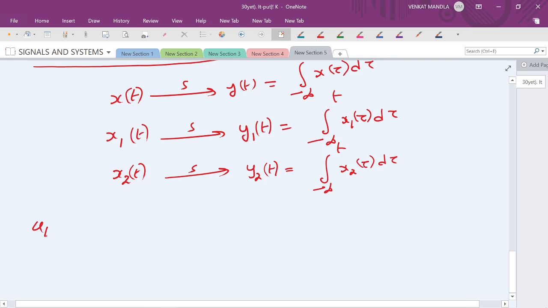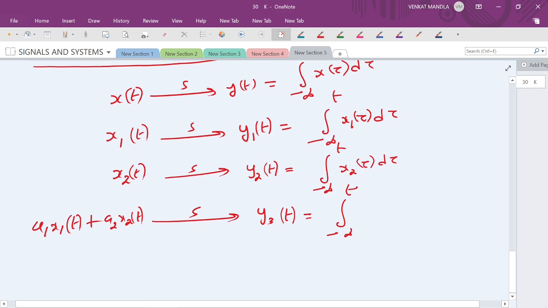Now I will apply a1 x1(t) plus a2 x2(t) as the input to the system. Then y3(t) is the integral from minus infinity to t. Whatever input we applied, we have to put in the integration. That is the relation they have given.